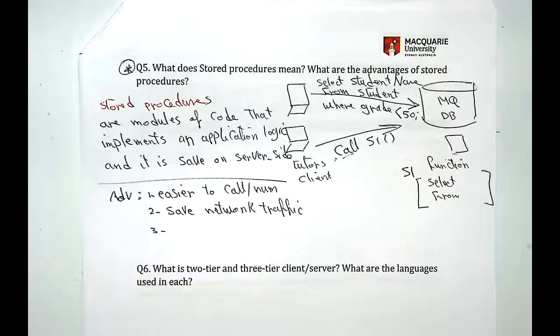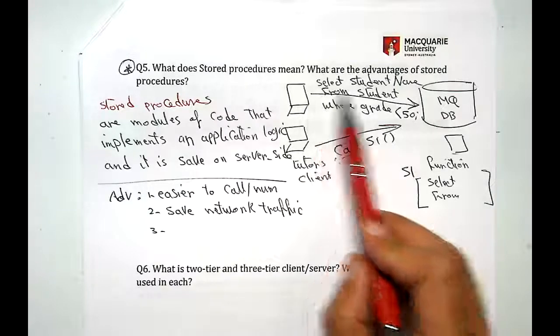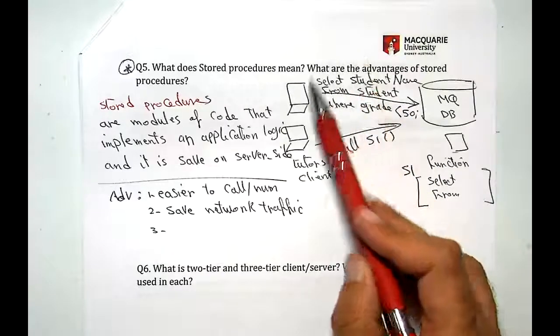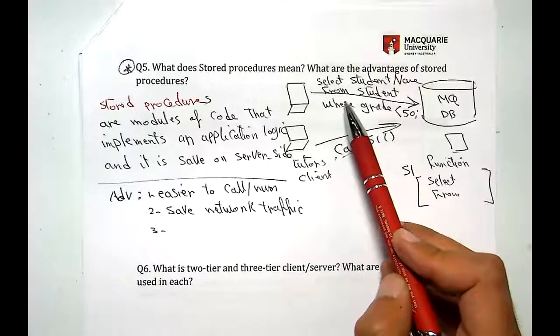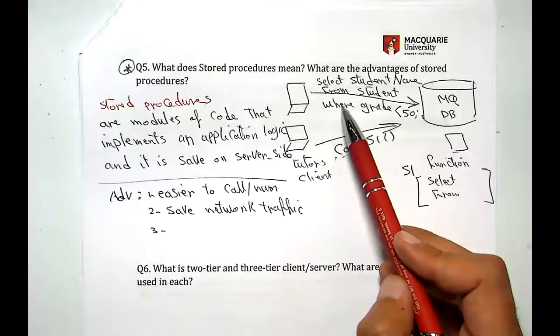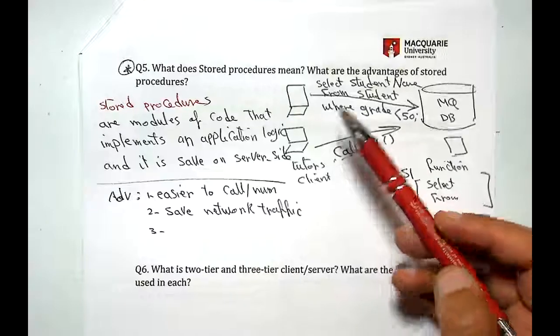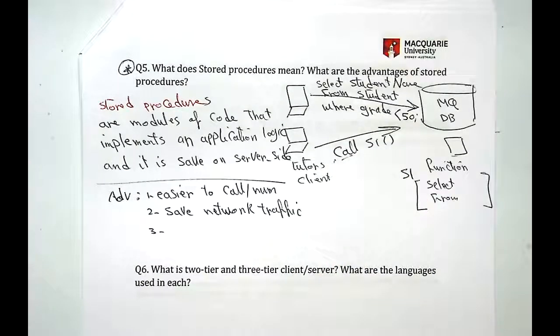Okay. Regarding security, is it more secure or less secure? By the way, when you send any request to the server, you don't send only the query, you also send your details, your username and password. Like when you use, for example, the Macquarie database server and you write any simple query and run it, it will get your ID and password with each query to make sure this query belongs to this user.